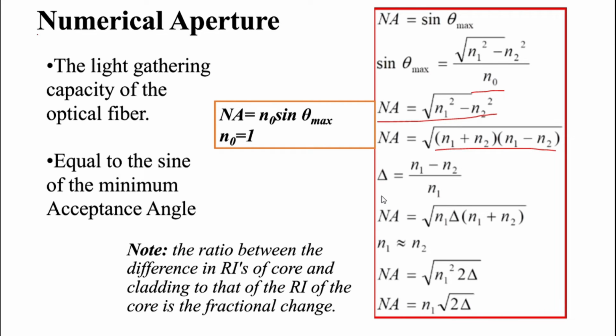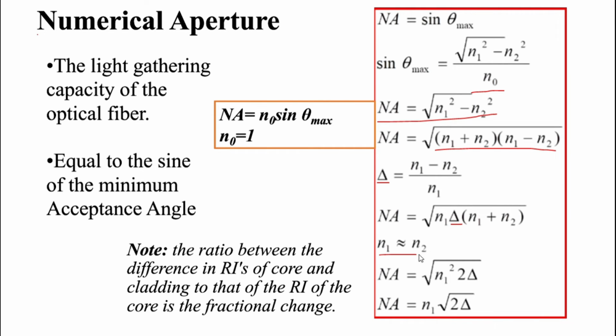Let us also consider the fractional change, which is the ratio between the difference in refractive index of the core and the cladding divided by the refractive index of the core. And so we can extract this term here and just simply put delta.